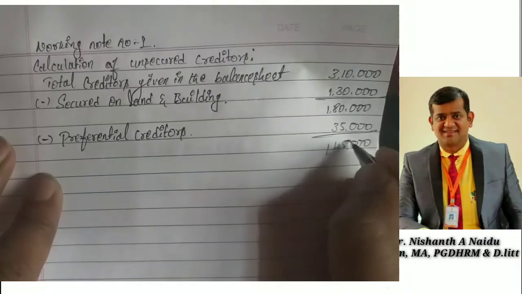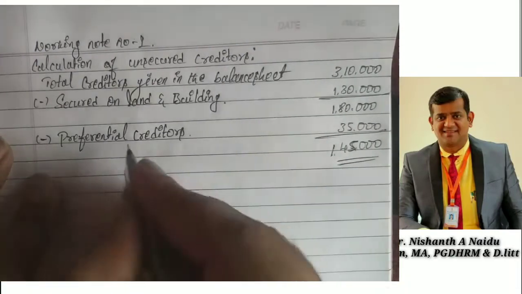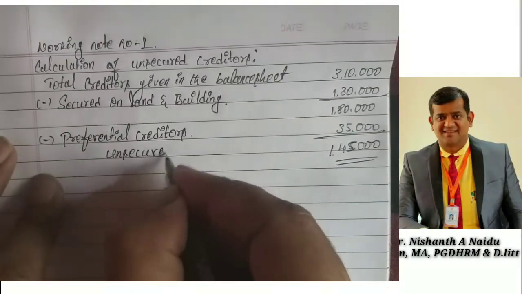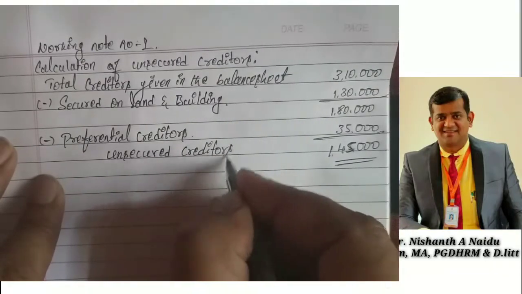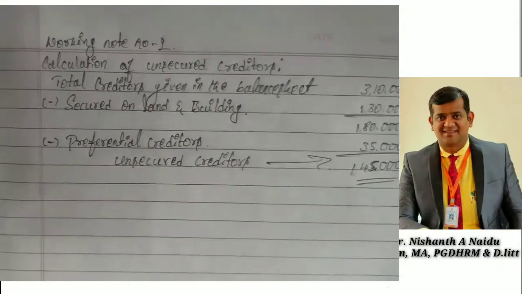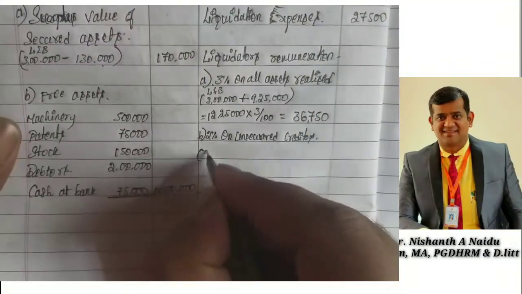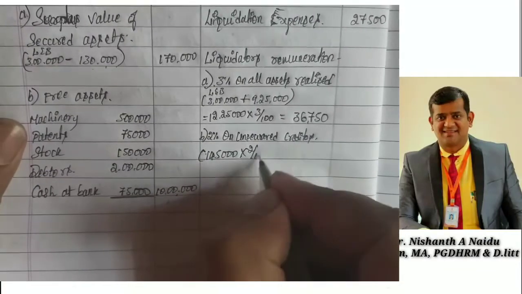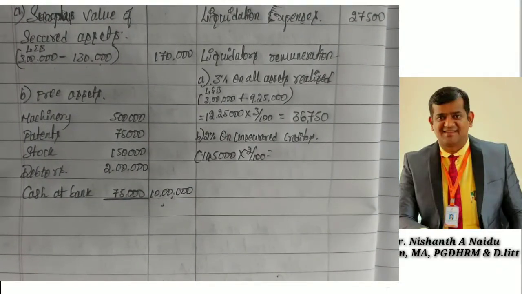1,45,000. Do we have any bills payable? No, right? So then this is the ultimate unsecured creditors, that is 1,45,000 rupees. So now we got the unsecured creditors value. 1,45,000 into 2 divided by 100, that is 2%.